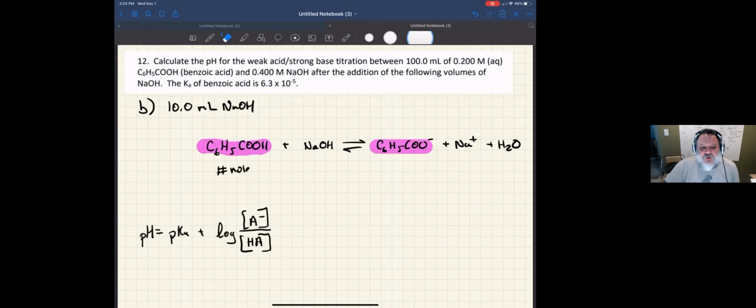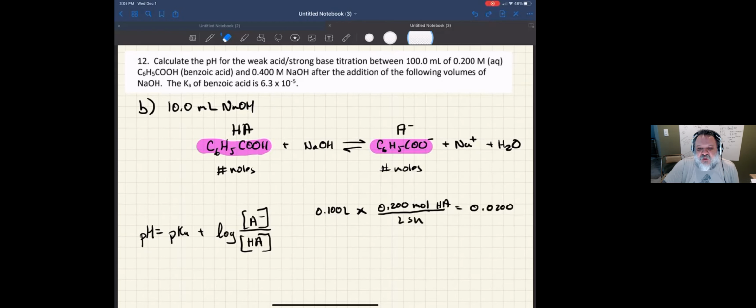Here's my conjugate acid. I need to figure out the moles of that, and there's my conjugate base. I need to figure out the moles of that. Now, in order to do that, we can start off by saying I had 100 milliliters of the 0.2 molar benzoic acid, my hypothetical acid, and that means I had 0.02 moles of HA.